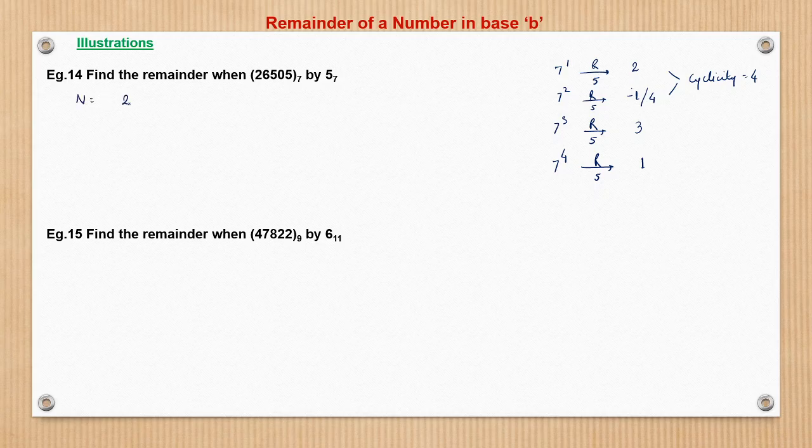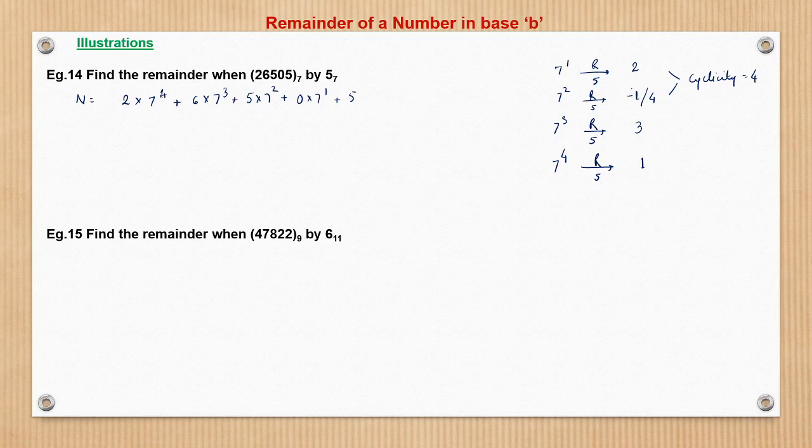So n is 2 into 7 raised to power 4 plus 6 into 7 cube plus 5 into 7 square, the 0 term we may write or we may ignore also, plus 5, right?